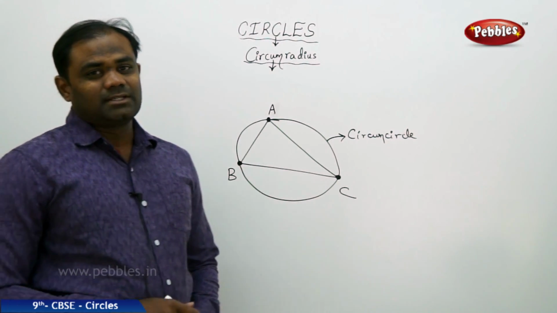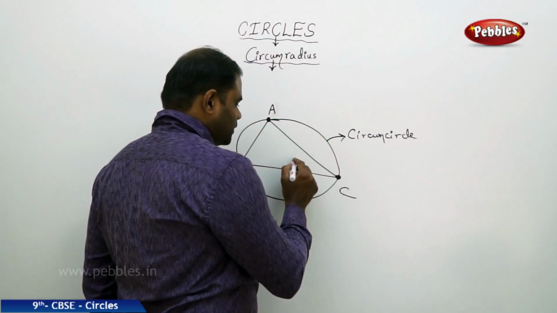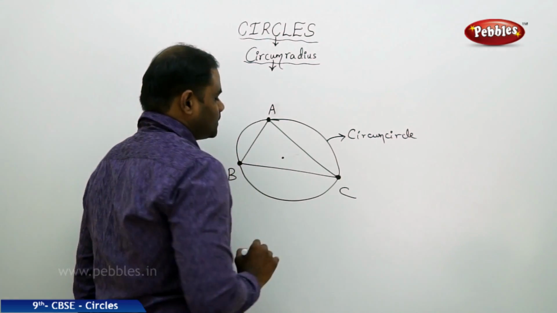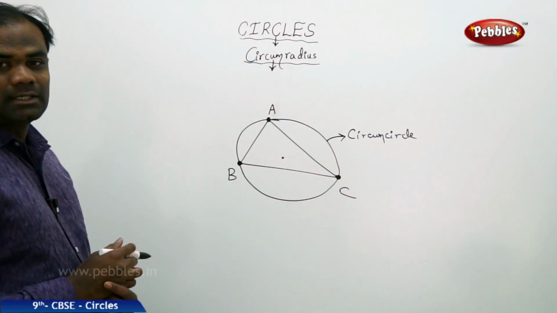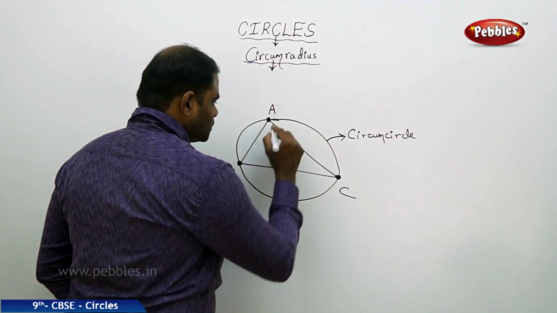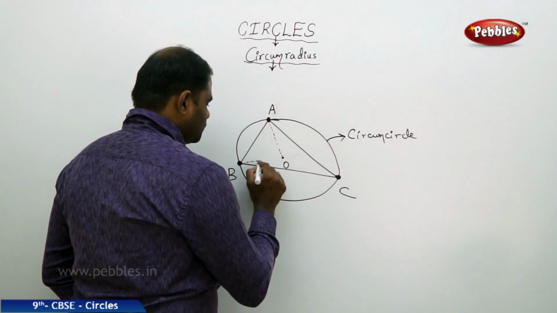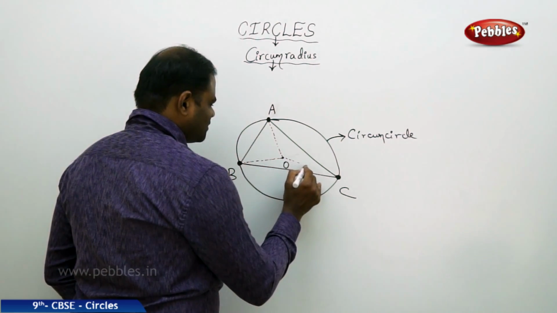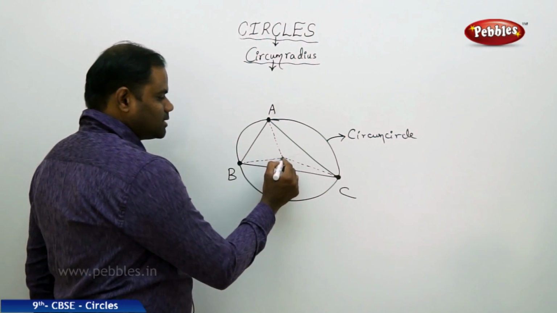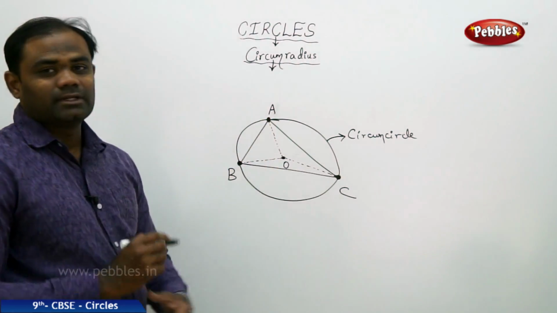Now that we have defined circumcenter to be the center of this circle, say it lies somewhere here, then clearly I see that the distance of this center from the vertex A and from vertex B and from vertex C is same, because this is the center of the circle. The distance of the center from each of the vertices is same.